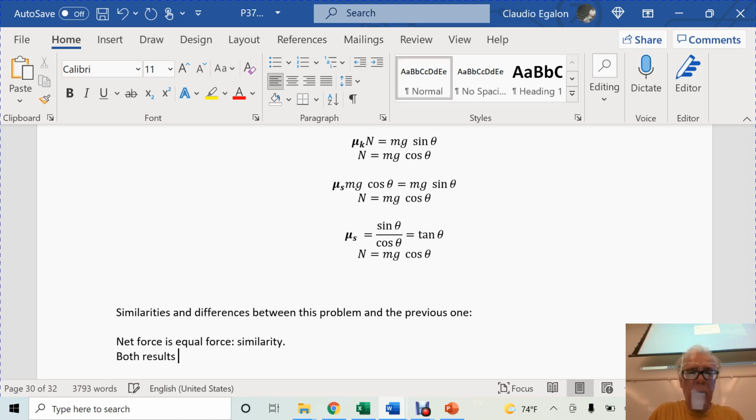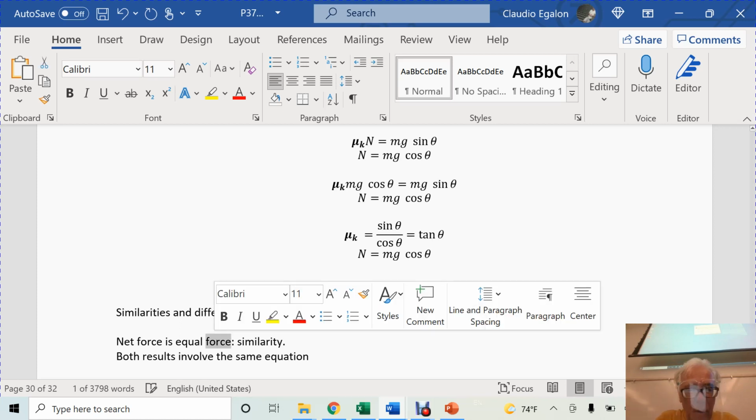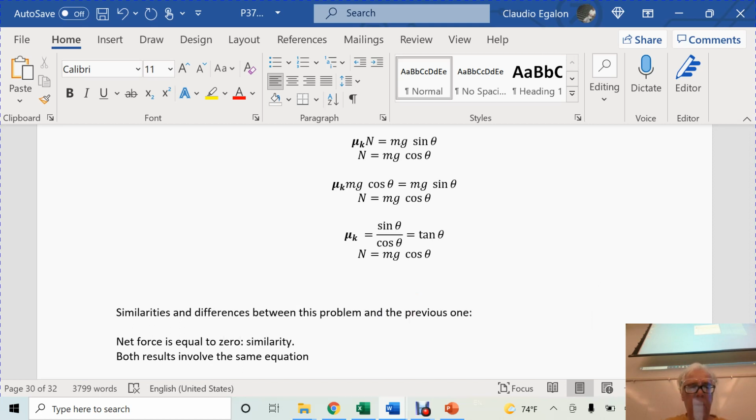Both results, oh, don't forget it, that's K, right? Both results involve the same equation. Similarly, both results involve the same equation.